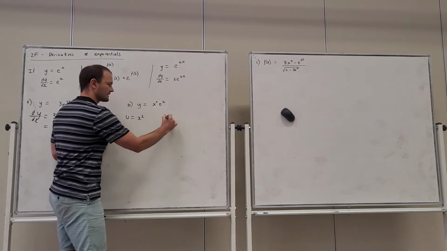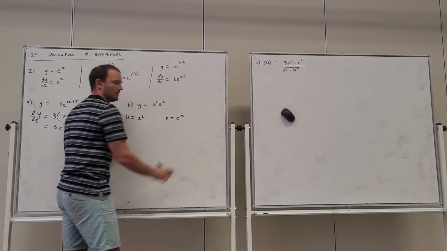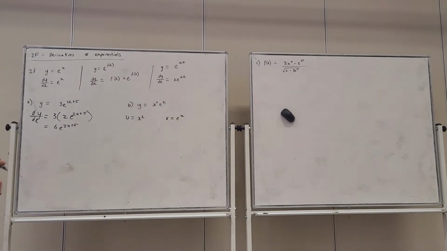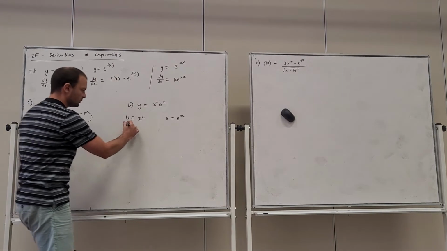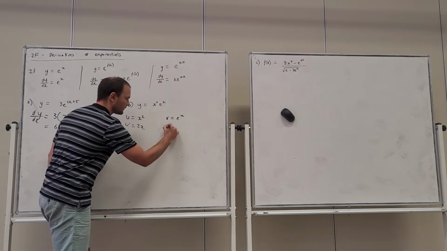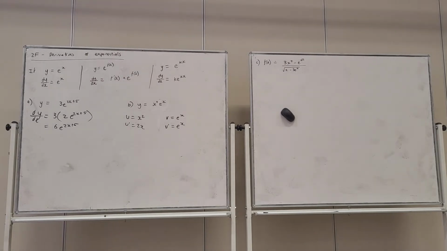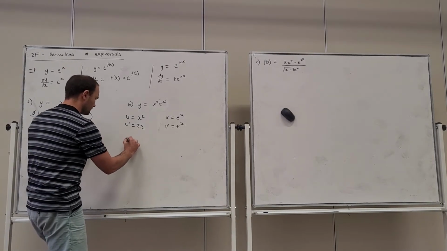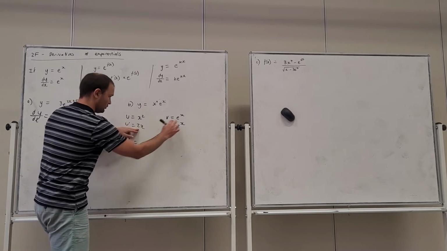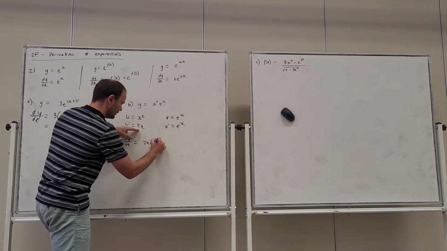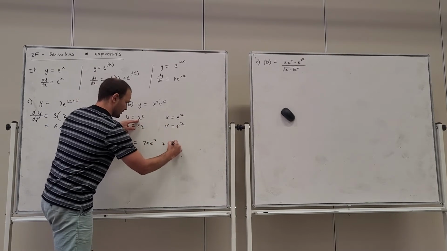We've got u is x squared and v is e to the x. u dash will be 2x. And v dash will just be e to the x, right? e to the x, derivative, e to the x. Let's put all that together. u dash v plus u v dash.